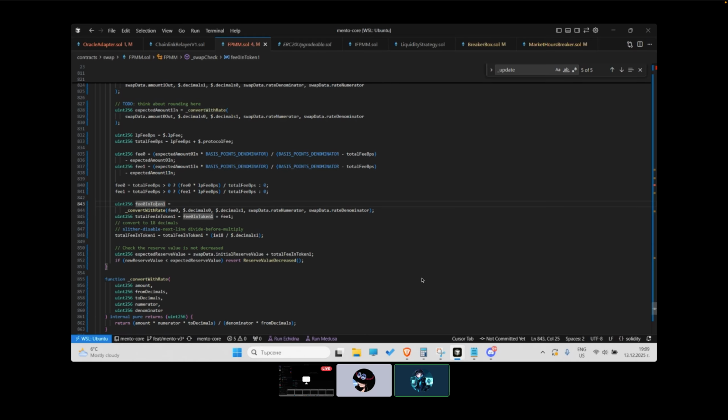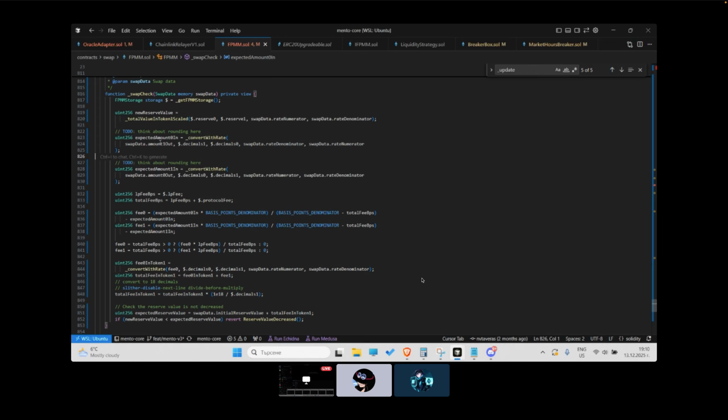I'm still looking at the expected amounts. From what I can see, they get the amount 1 out, and then they convert to amount 0, right? So they're like, what's the equivalent if they want to take it, using the adapter. Yes. They do the same for the other one.